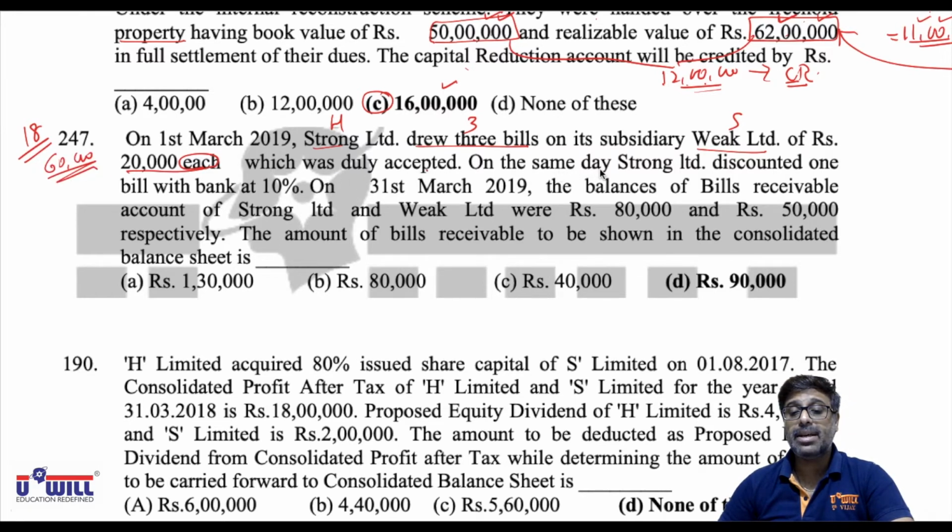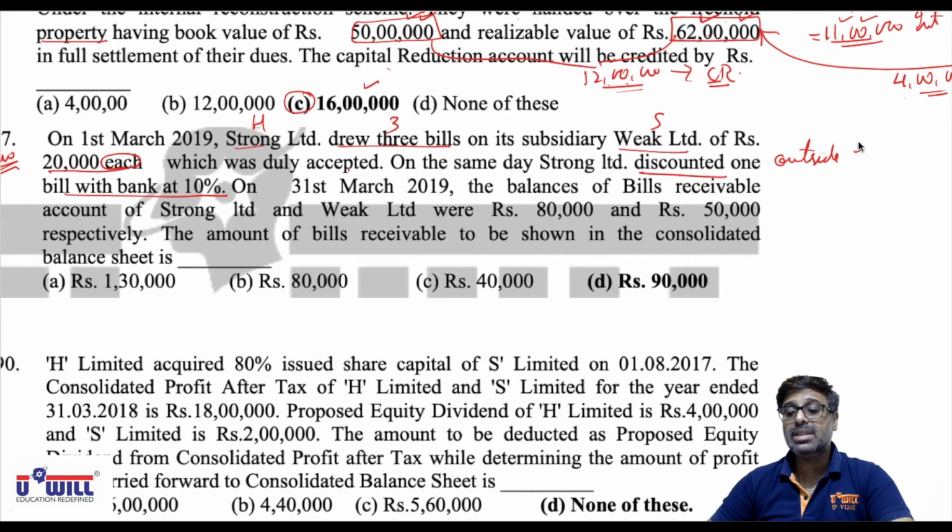On the same day, Strong Limited discounted one bill with the bank at 10%, so that becomes an outside liability. Whatever you discount or endorse, we don't have to pay to each other, so that becomes an outside liability.